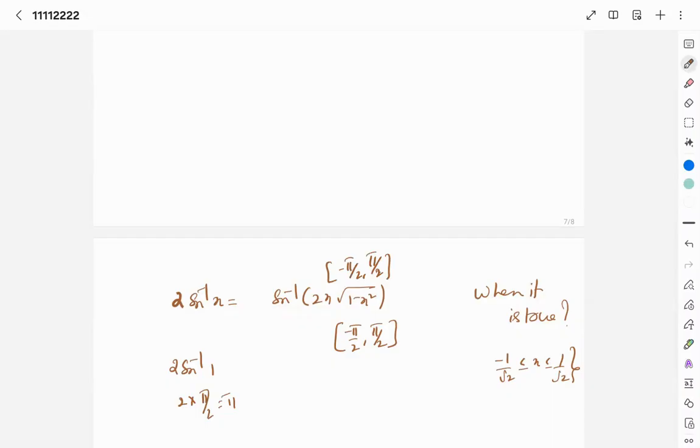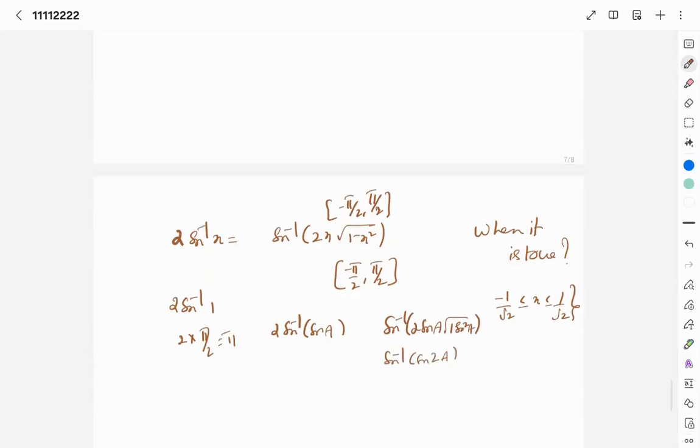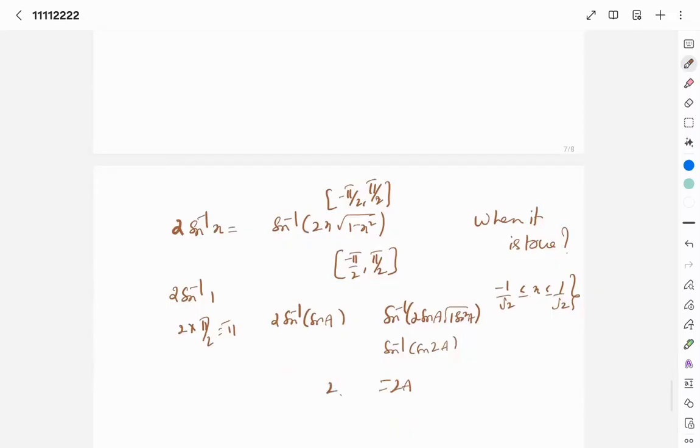Generally what we do is we substitute sin A, and write sin inverse of 2 sin A under root 1 minus sin square A as sin inverse sin 2A, and we write 2A. But this is not true always. I showed you many examples. Only within the range it is true.